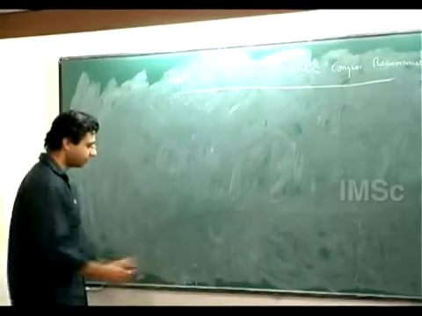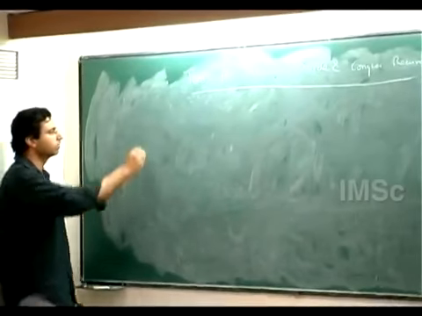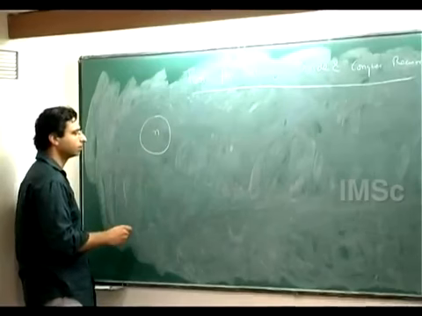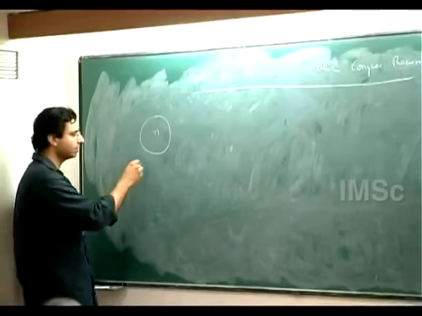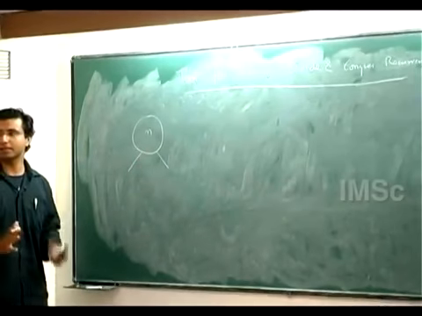So as was mentioned, a general divide and conquer approach does the following. We have a problem of size n, and in the previous lecture we had seen that the problem was split into two parts of some smaller size.